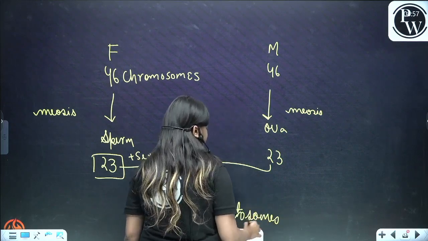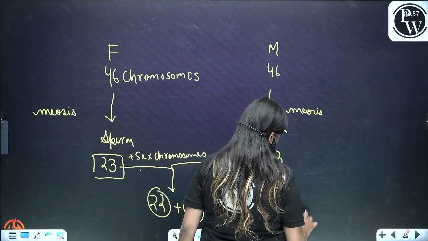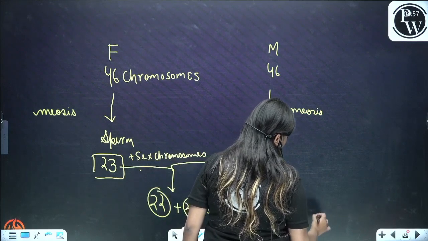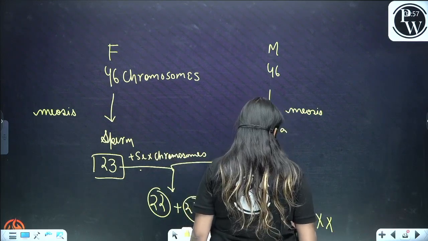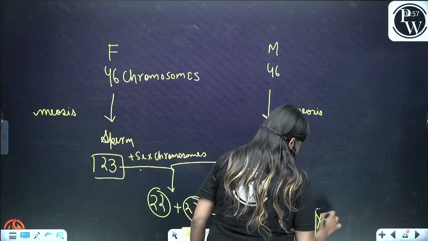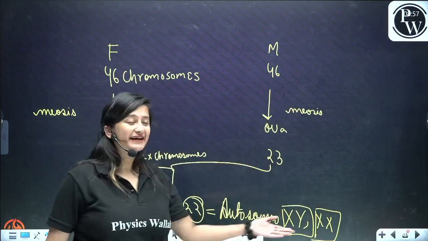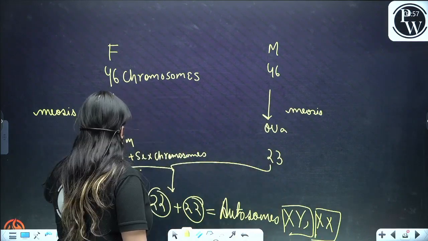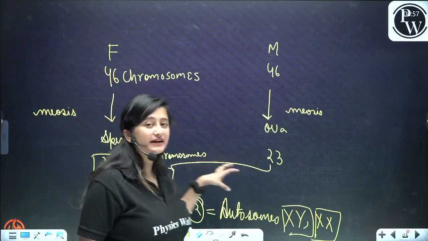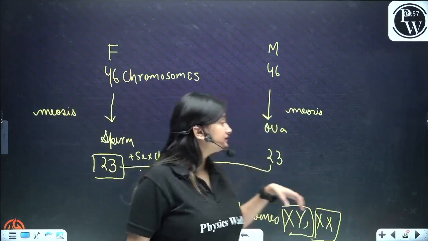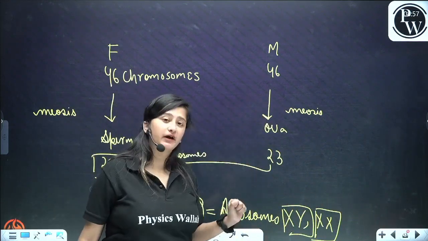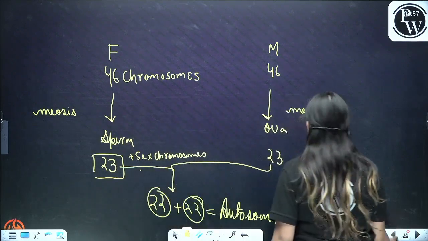And the other one is either XY or XX. These are the sex chromosomes. We'll see this later on. So these are the characteristics: 50% come from the father, 50% come from the mother. Right? Let's see now.